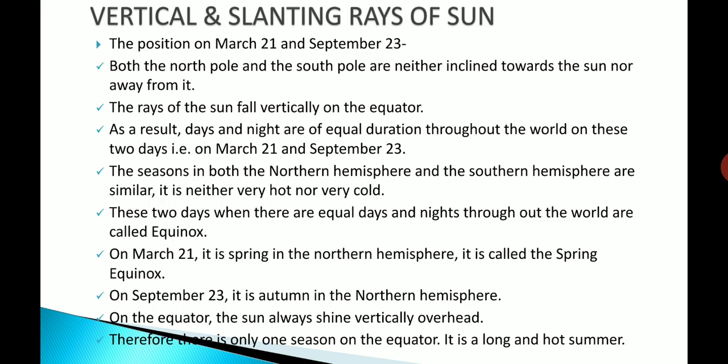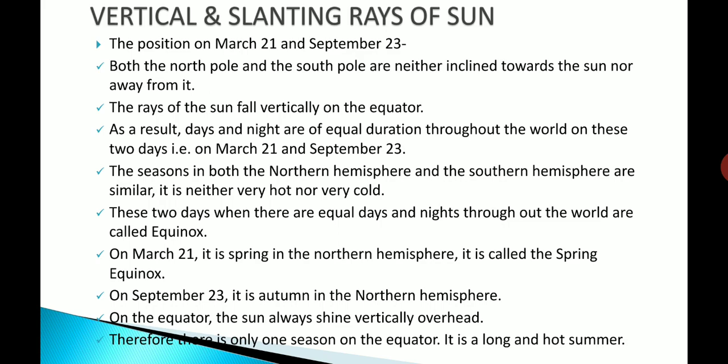The sun rays fall vertically on the equator. It means the rays from the sun fall directly on the equator, and due to this, days and night are of equal duration throughout the world on 2 days, which are 21st March and 23 September.